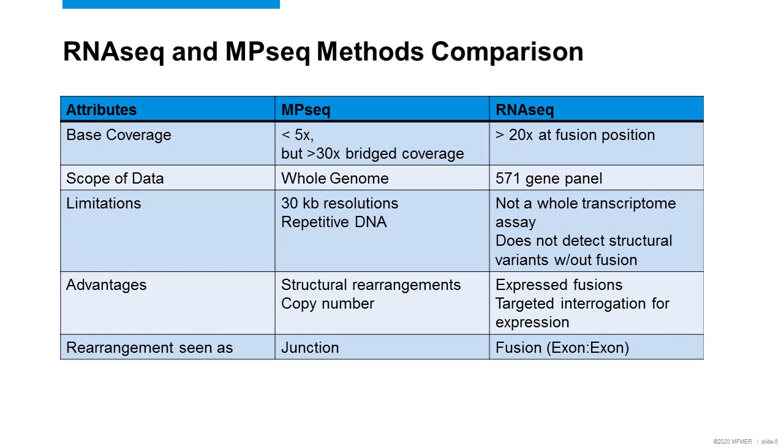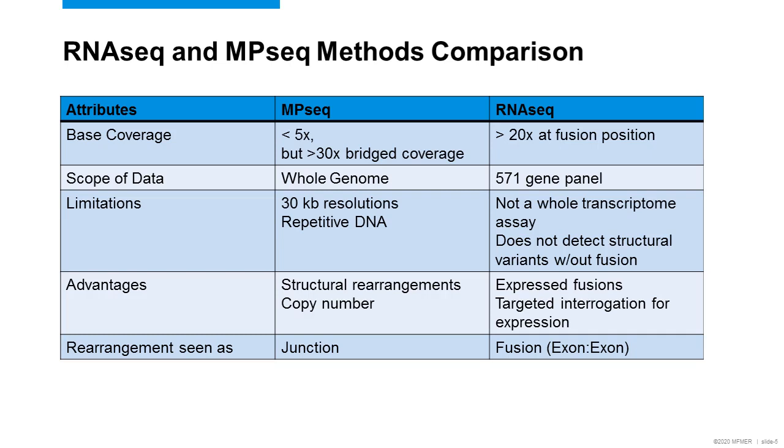Some limitations of these assays: mate-pair sequencing will not identify structural variants with footprints below 30 kb, and repetitive DNA is a hurdle, as it is with many short-read sequencing assays. RNA-seq is not a whole transcriptome assay, and also RNA-seq cannot detect structural variants that don't result in a fusion.